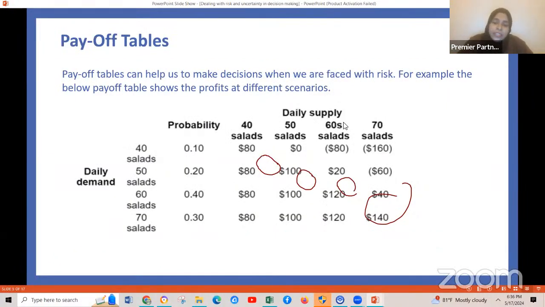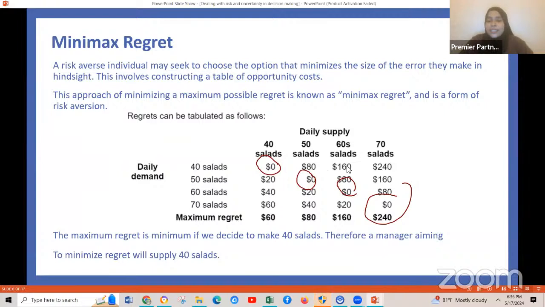If you had supplied 60 and the demand was 40, you are making a loss of 80. So how much do you regret? This 80 you lost plus this 80 you could have gained. So your regret is 160. Like that, you have to calculate a regret table.